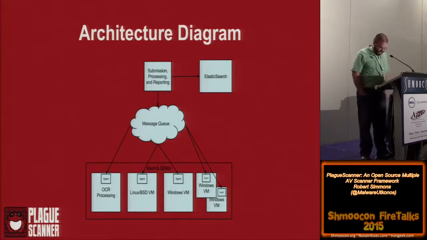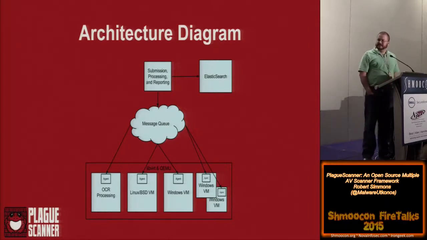I wanted to make it easy for people to use, so the agent is kind of stupid, so it doesn't know a lot about the scanner engine. It actually gets the intelligence of how to use the scanner engine in the message queuing. So the person who's setting up each one of the VMs doesn't necessarily need to know too much. I don't need to have like 30 different agents. I have one single agent for each one of the VMs.